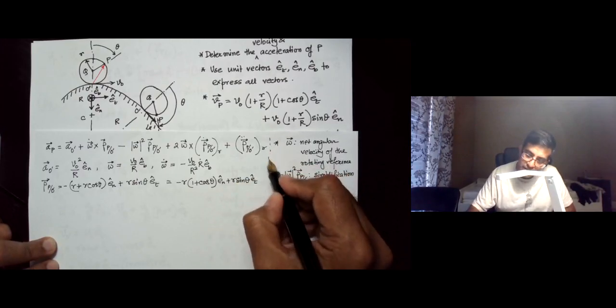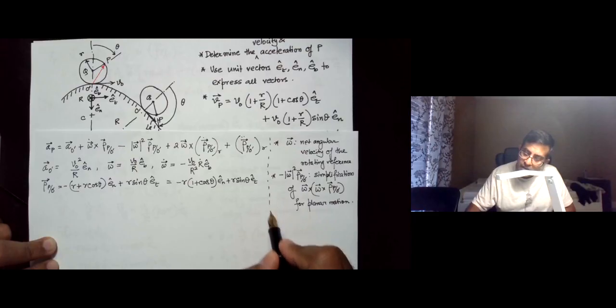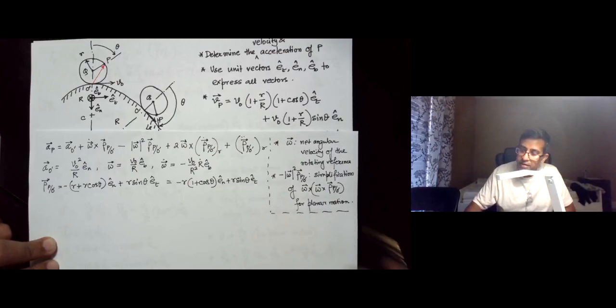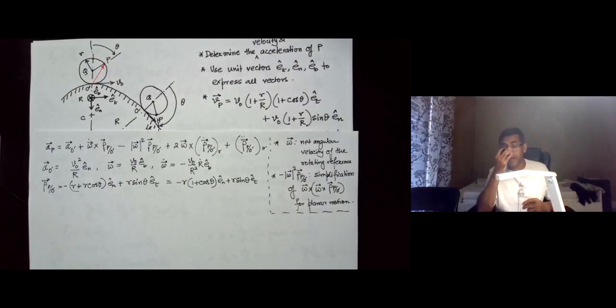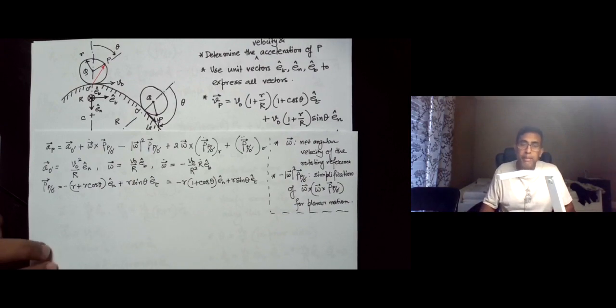Let me just draw a divider here so that our notes are clear. So that's rho p with respect to O prime.